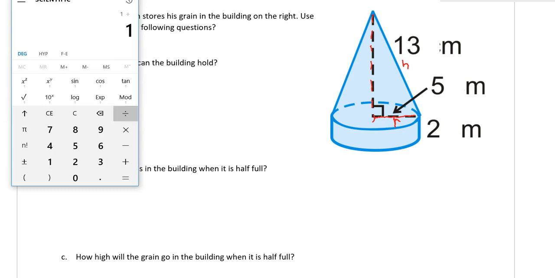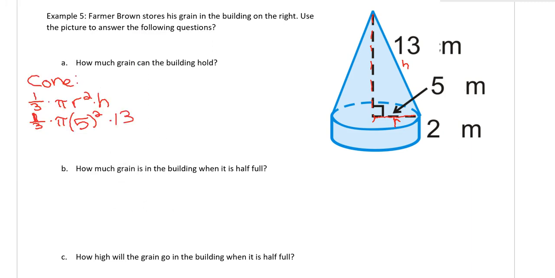So I have 1 divided by 3, which is 5 squared. We have 108.33 pi, and this is meters cubed. Right, so that's for my cone.